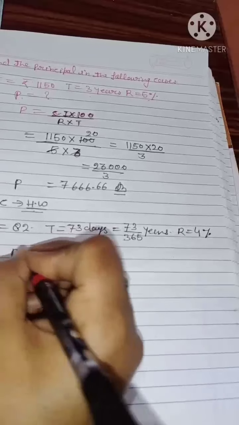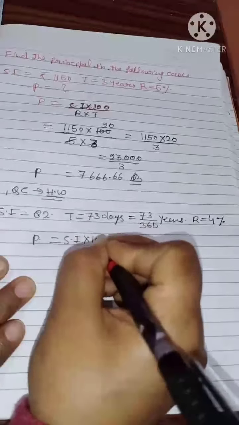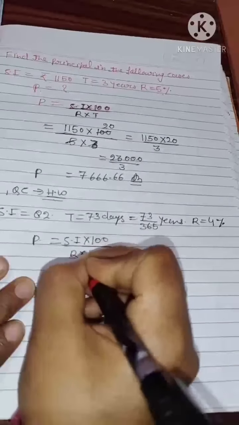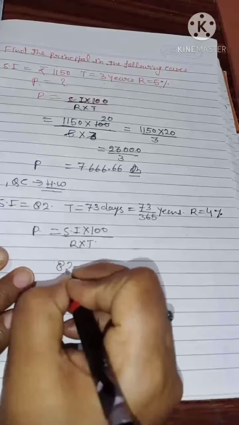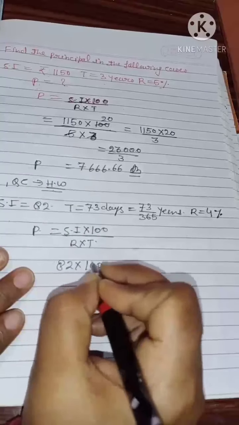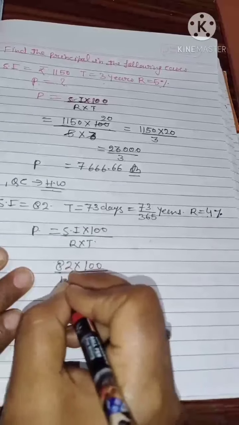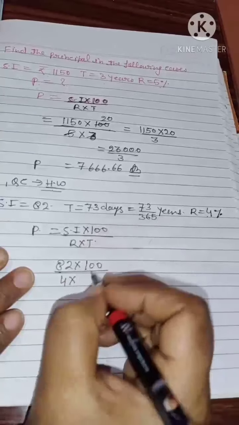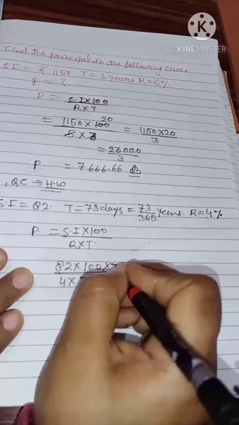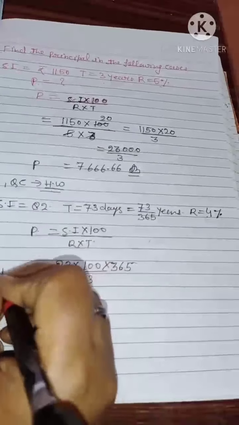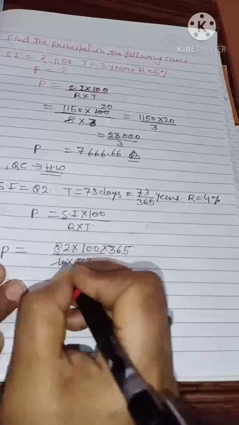Again the same formula you will apply. P is equal to simple interest into 100 upon R into T. Now see that simple interest is how much, beta? 82 into 100 upon R, rate of interest 4, into T. T means, beta, 73 upon 365, and 365 will go in the numerator. So P will be this one. Now make them cancel. 100 by 4 will be 25.